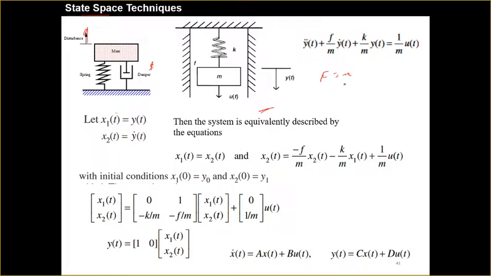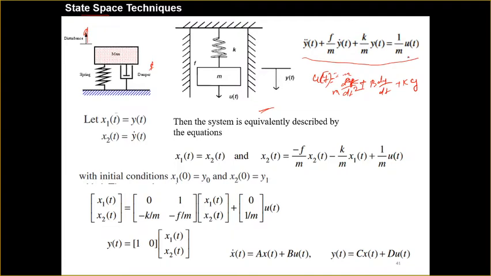So d2y by dt square, you know very well. m into d2y by dt square plus b into dy by dt plus k into y, right? And let's say we have the disturbance or the input as u, force. Then we have to equate this equation, right?